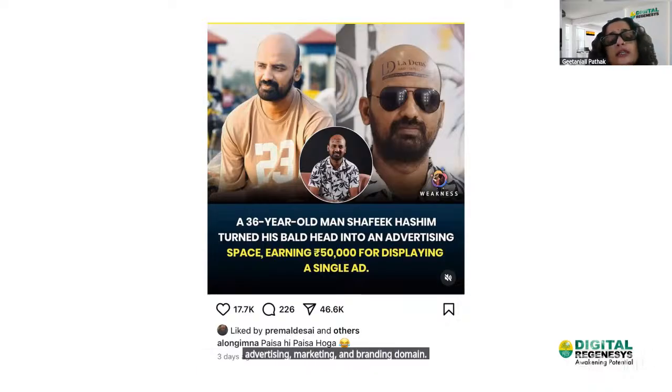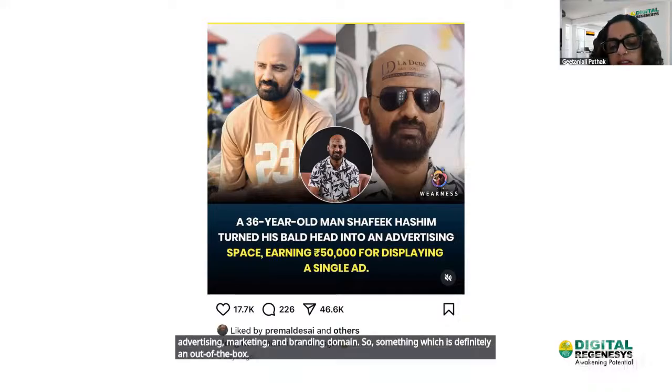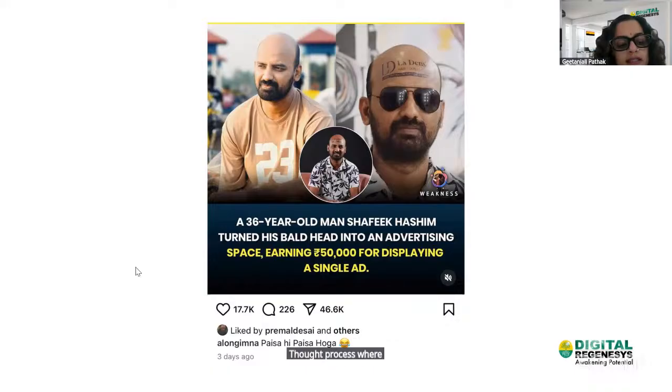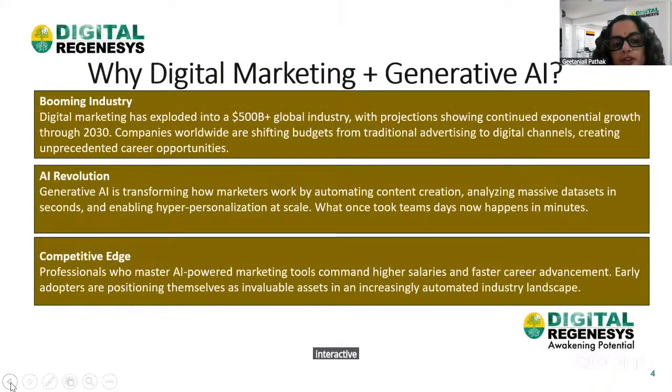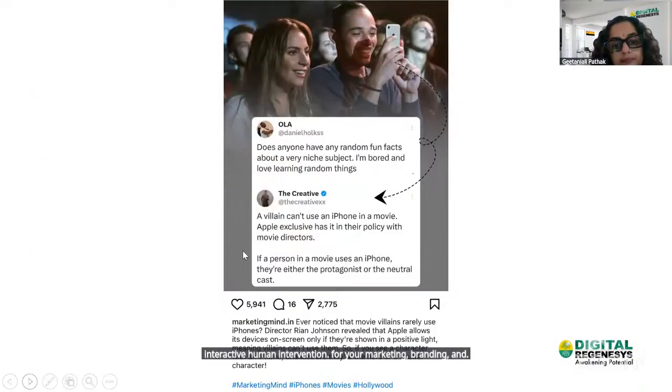It is an out of the box thought process, where you know that there is always an interactive human intervention for your marketing, branding and advertising.